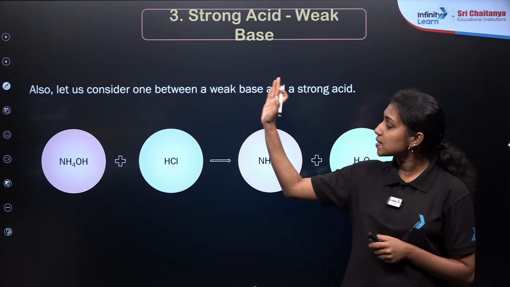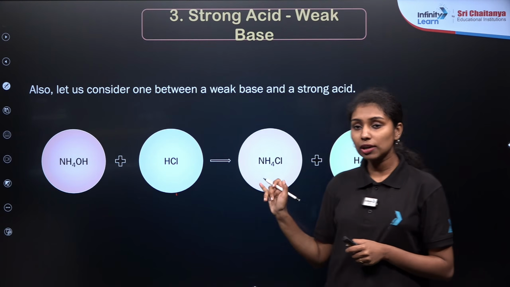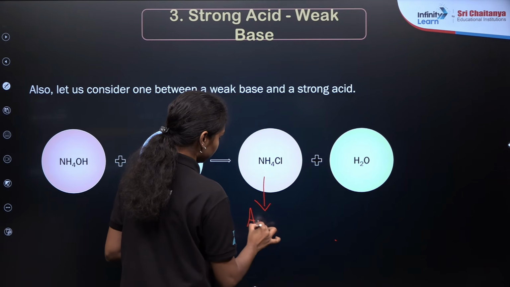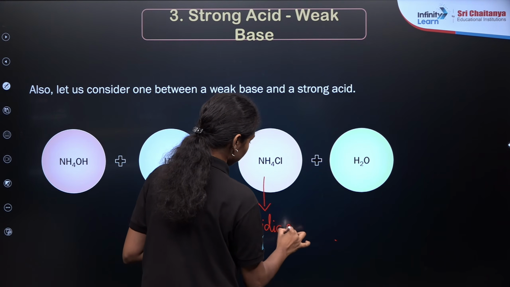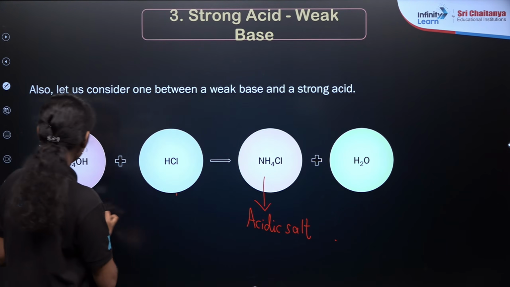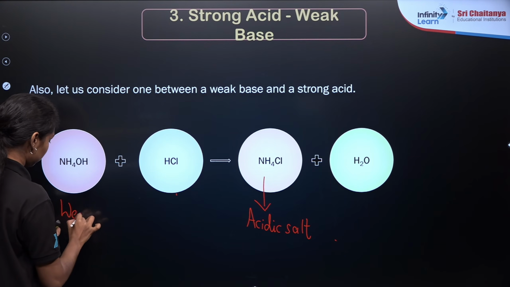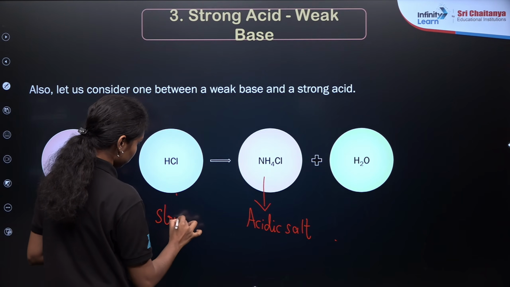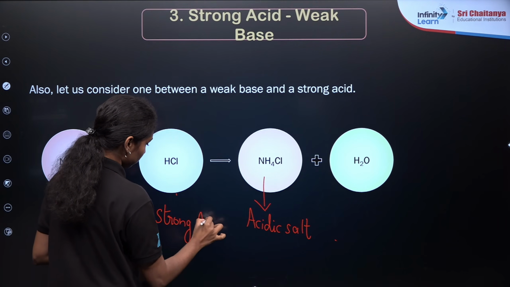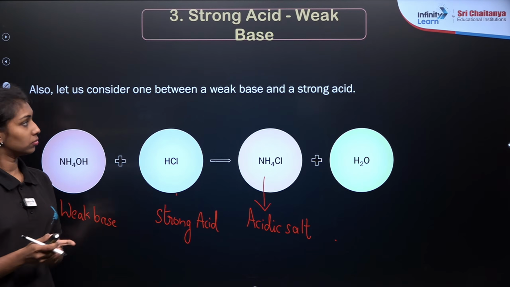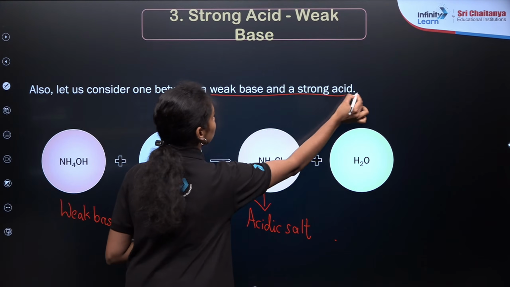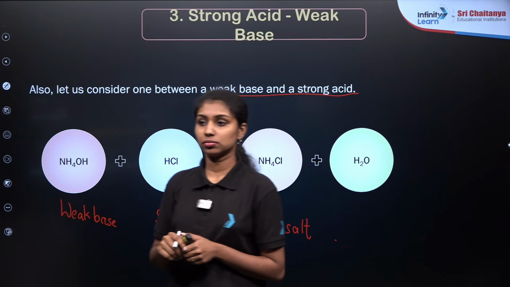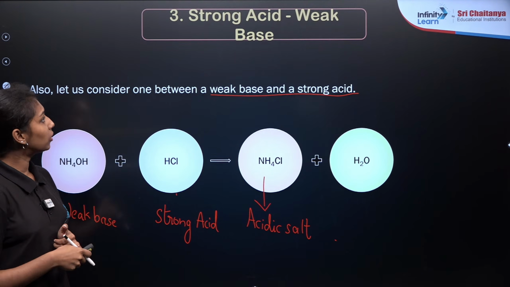If you are mixing a weak base and a strong acid together, the resulting salt will have the nature of an acid, right? Okay, I hope you understand how to find out the nature of the salt, right?